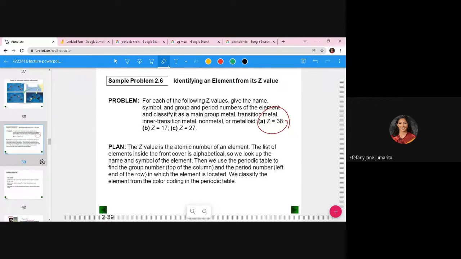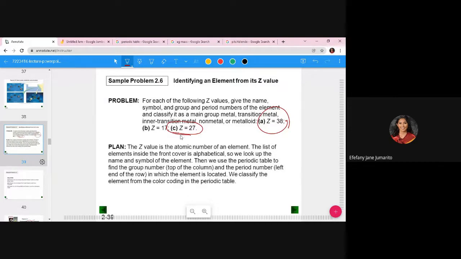For each of the following, give the name, the symbol. Okay, Z equals 27. What is this element?